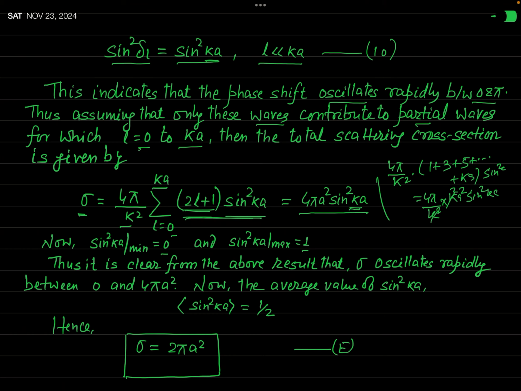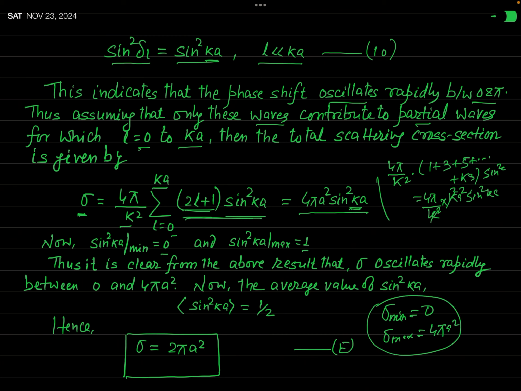When sine square Ka is 0, sigma will be 0. When sine square Ka is 1, then sigma is 4 pi A square. So sigma minimum is equal to 0 and sigma maximum will be equal to 4 pi A square.